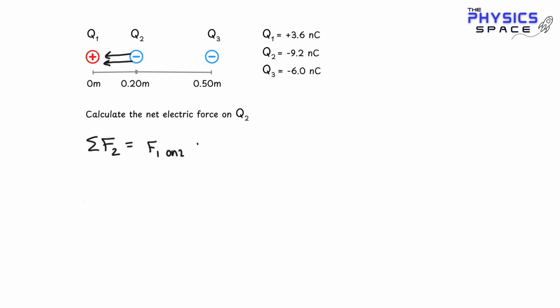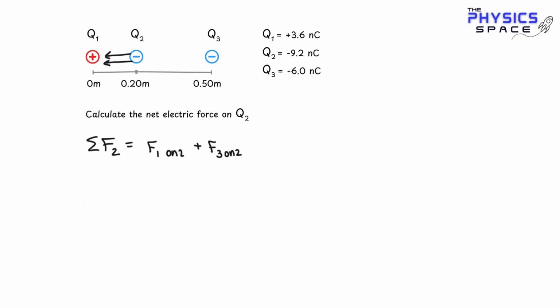And we have the force that charge 3 exerts on charge 2, also to the left. We do sometimes say that any force that points to the left is going to be negative because that's the negative x direction. But since both of those forces point to the left, we just have to make sure that they're the same sign. Whether we make them both positive or both negative, it really doesn't matter as long as the sign is the same, because they point in the same direction.